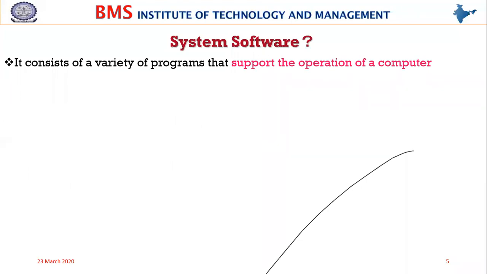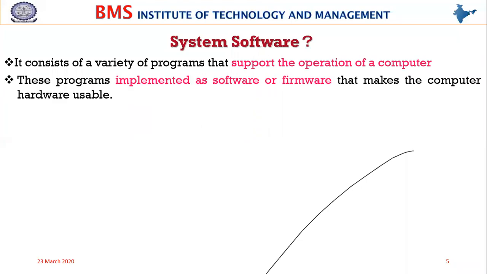So if you think of the system software, it can be implemented as software, for example, your operating system, or it can be implemented as firmware, means as part of something between the hardware and the software, right? Something like your BIOS. BIOS is also a system software. So either as software or as firmware, it can be implemented. The system software is machine dependent. So the majority of the features are machine dependent.